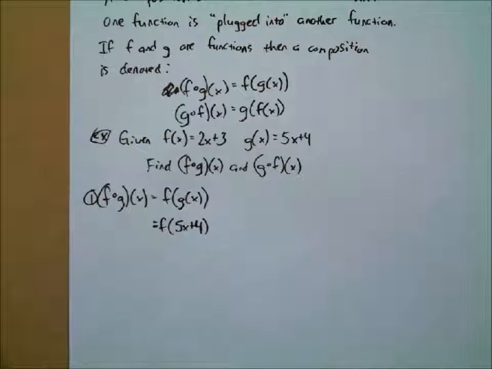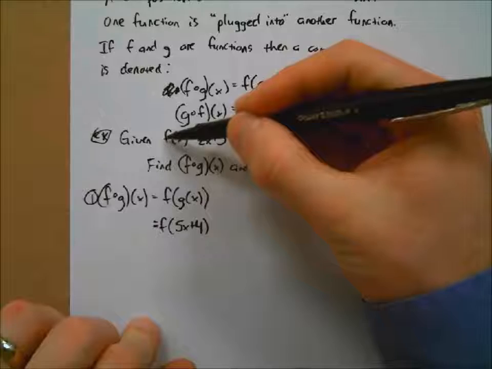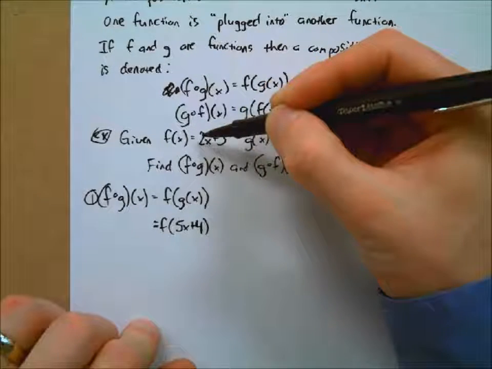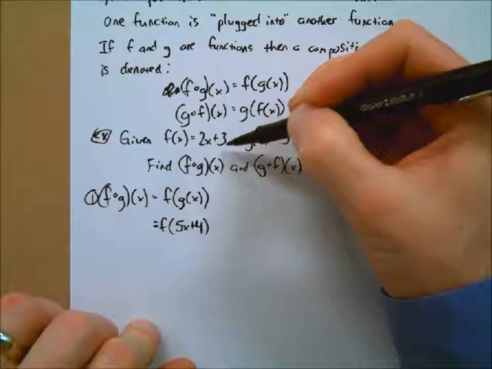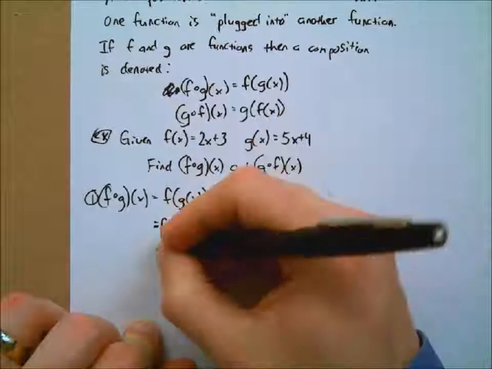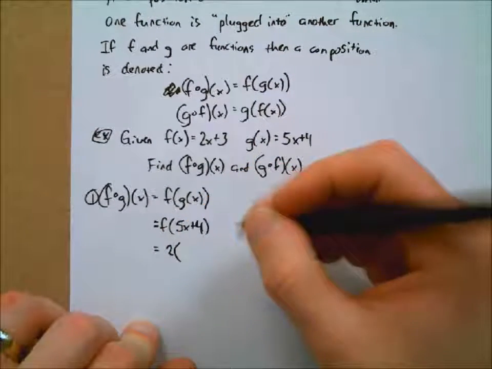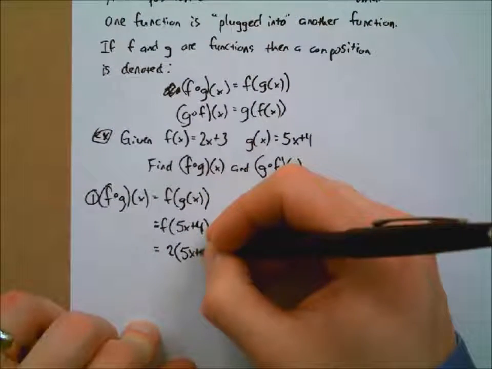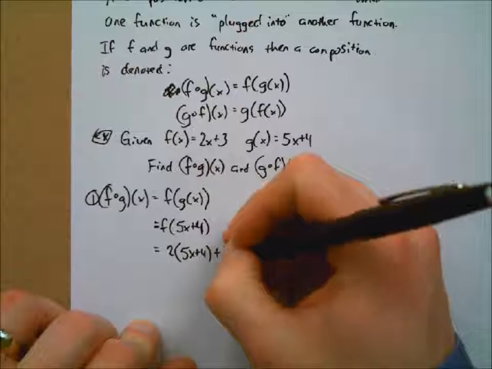Just direct substitution there. Now we want to apply f to the quantity 5x plus 4. In f, f applied to x does 2 times that x and then plus 3. So f applied to 5x plus 4 will be 2 times the quantity 5x plus 4, and then plus 3 on the outside.